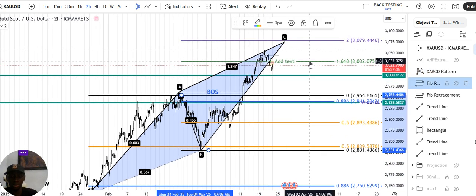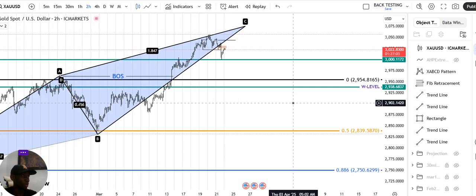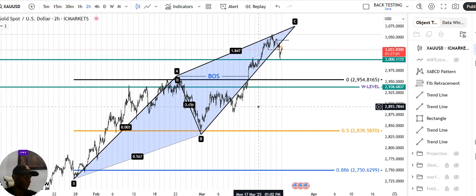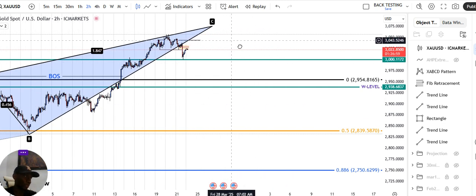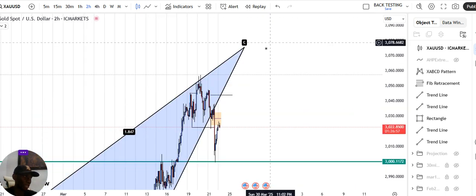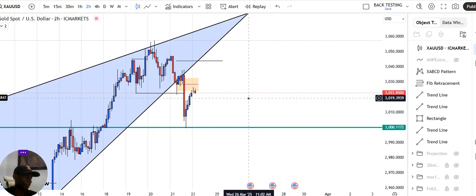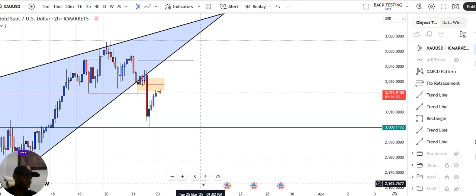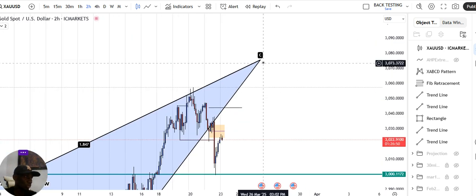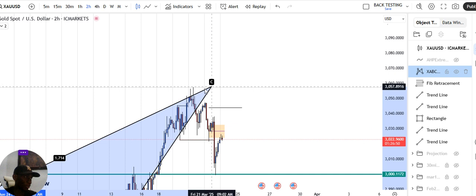So this is what we are looking at on this pattern. It hasn't completed yet, but we have already had a structure shift. This is the place you can look at for a sell. Look out for a sell around here.